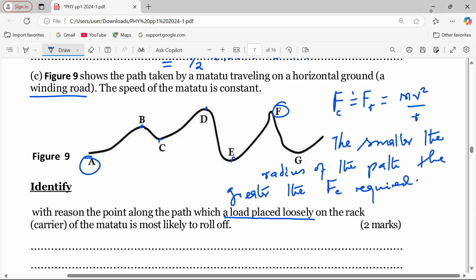This means at F, it might require a greater centripetal force than the wheels can provide.